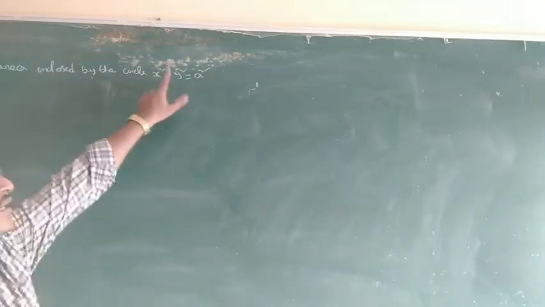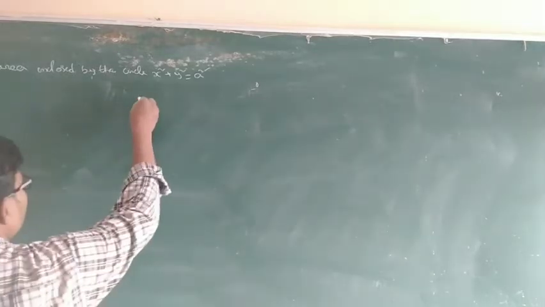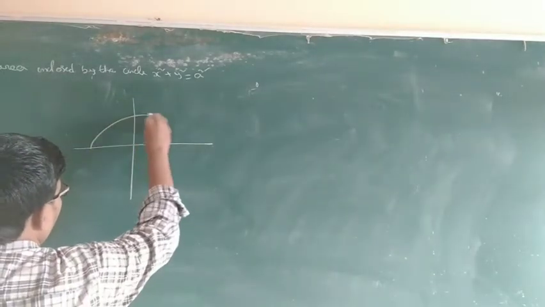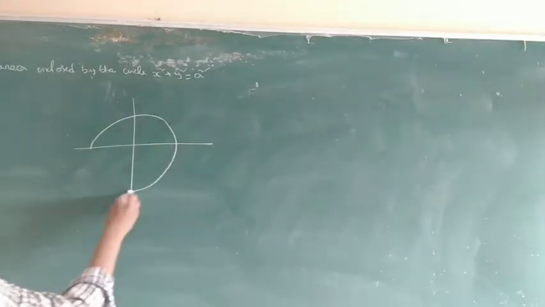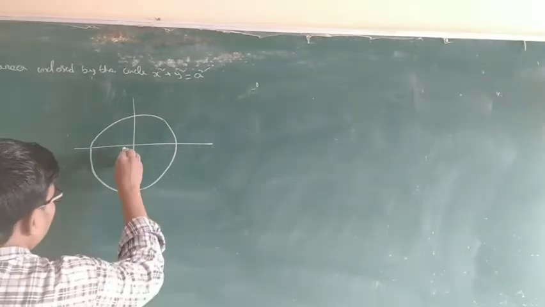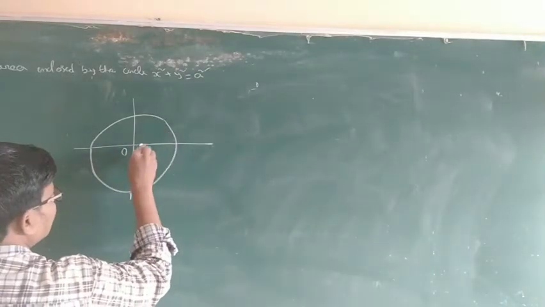First, the curve. The curve is the circle, already given. So what is the diagram of a circle? This is the diagram of the circle, the circle radius a.